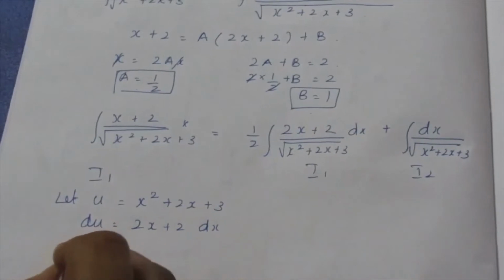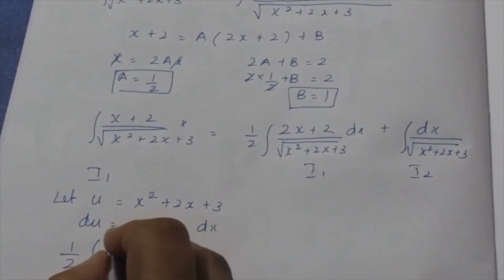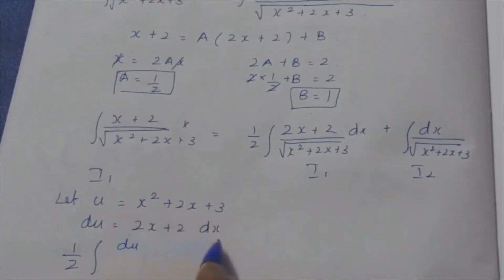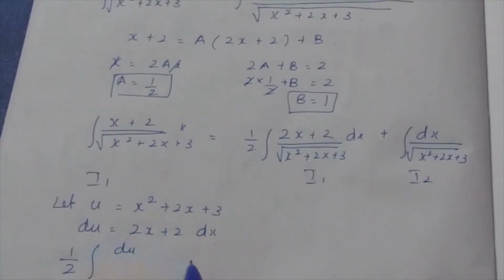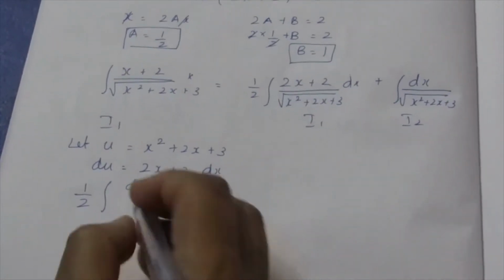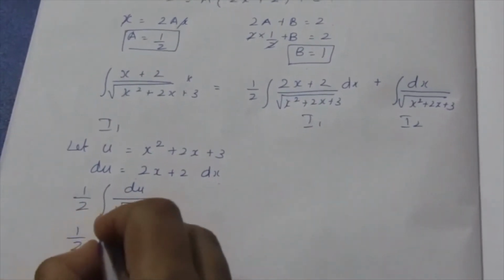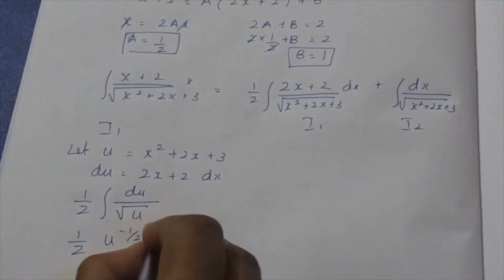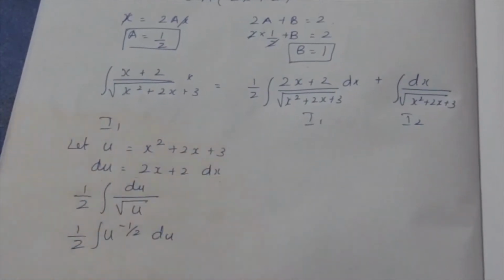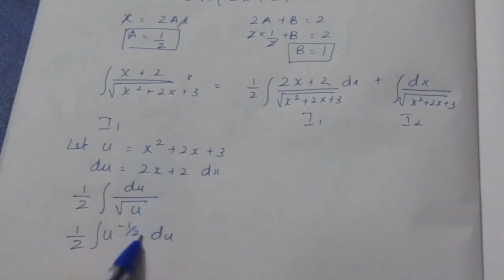Substituting the value here, it becomes half. In the numerator place, the total thing can be written as du by the denominator, which is root u. Root u can be written as u power half. Taking it to the numerator, it becomes u power minus half.